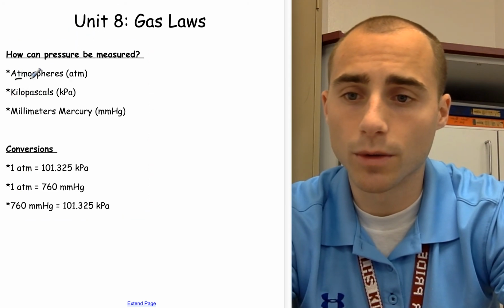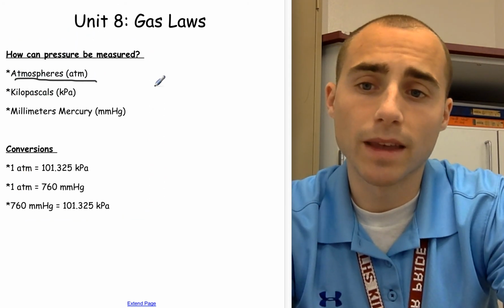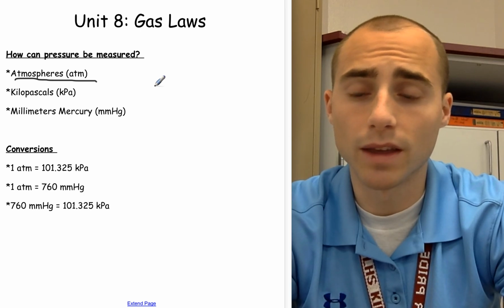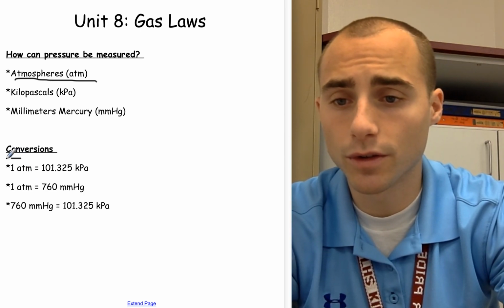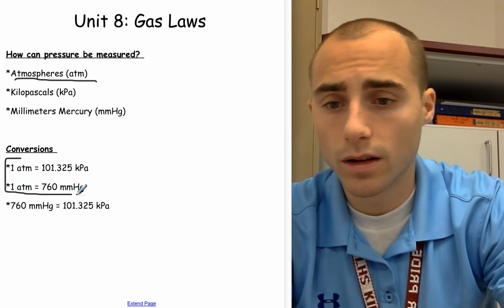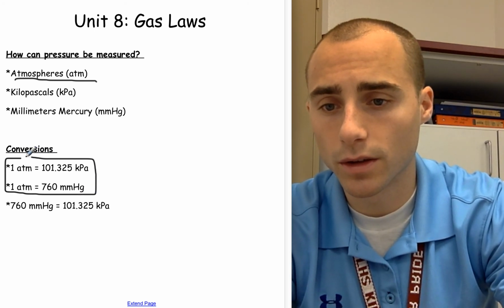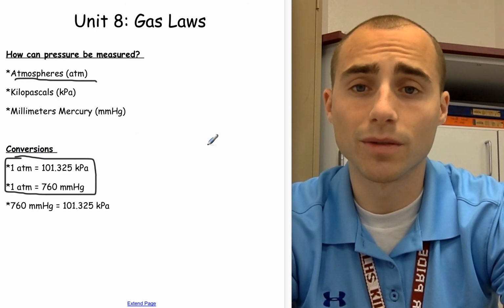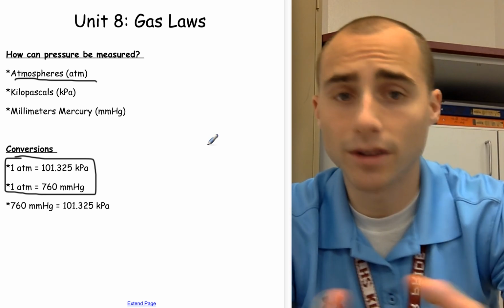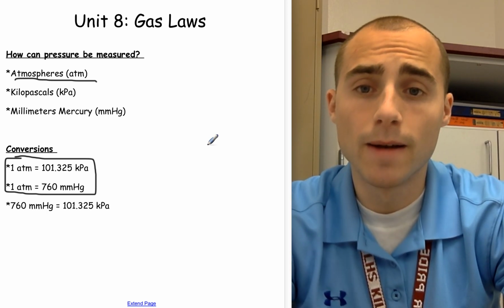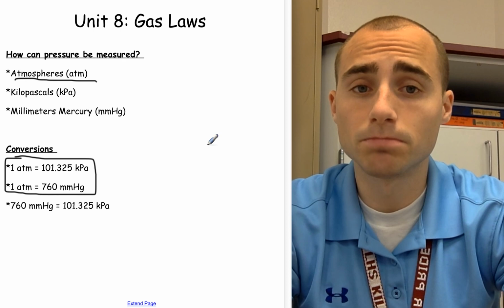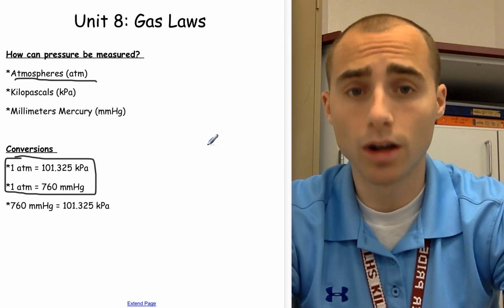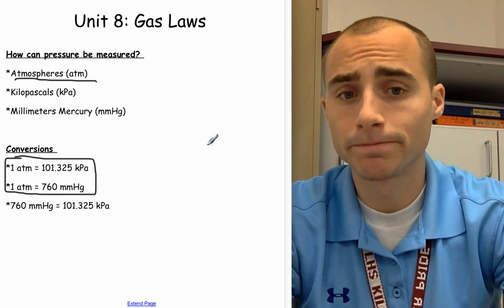Always, always, always want to measure in atmospheres. That's our most important thing. So look at these two conversions right here and then just use dimensional analysis to convert. We'll do some practice problems later on. But that is our introduction to gas laws. So get ready to start talking about gases and their laws. Farewell.